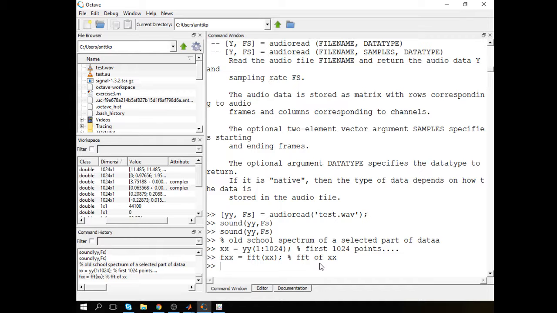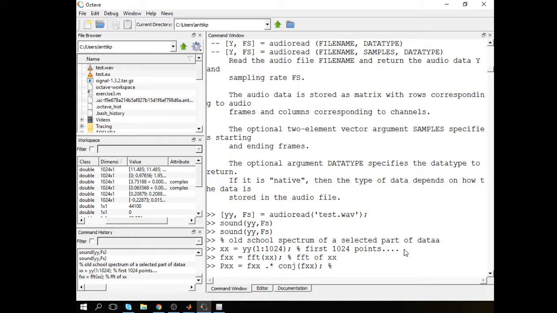Okay, we need power, the signal power, not the signal amplitude in complex plane. So basically the power of signal x would be fx multiplied by the complex conjugate of fx, or absolute value to the power of 2.